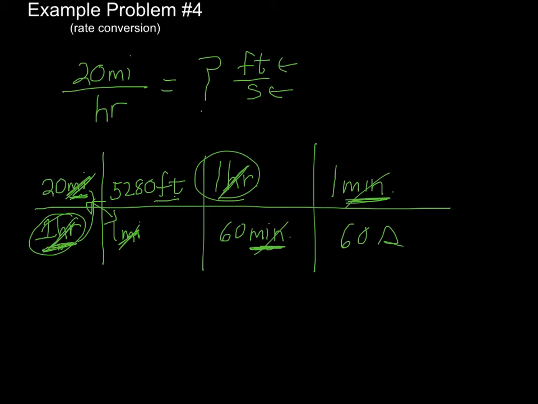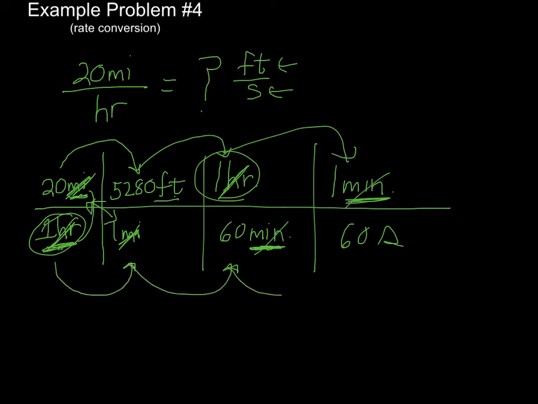So now I multiply 20 times 5280 times 1 times 1 divided by 1 times 1 times 60 times 60. And when I do the calculation, I should get 29.33 feet per second. That's a little bit more exhausting, but it does work.